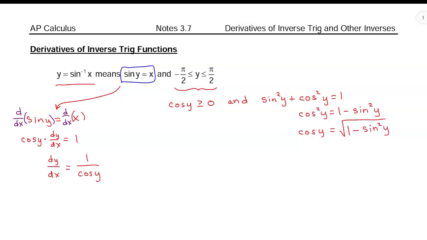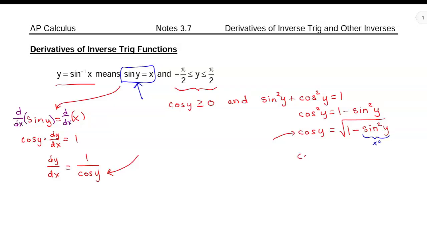I want to replace this cosine y down here because it has the y variable, but I still have the y variable in this equation over here that I've been working with. So I'm going to go back to my original setup. Look back at the top right here. I had sine y equals x. Well, I have a sine y down here. I can replace that with x, and I'll have to square it.